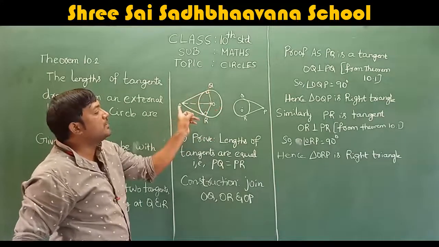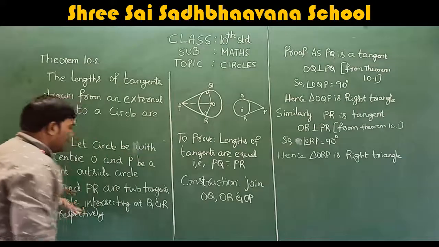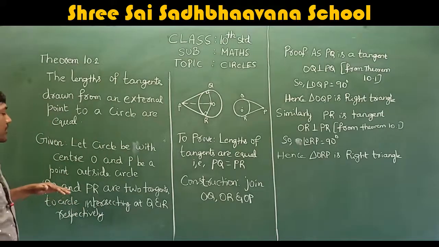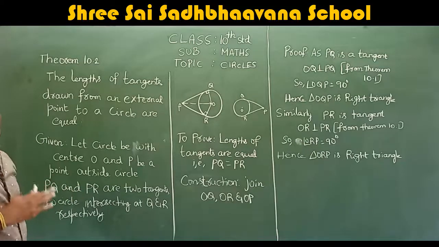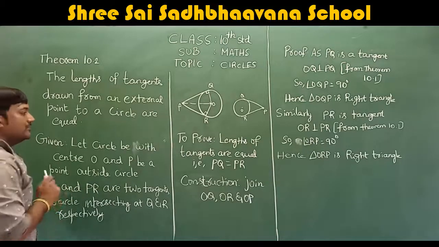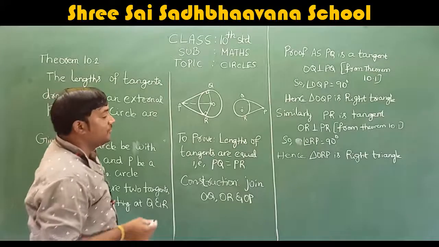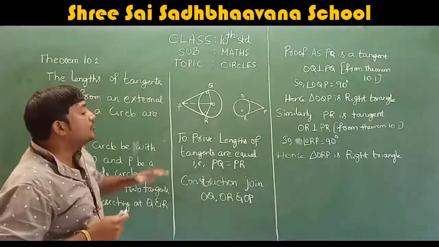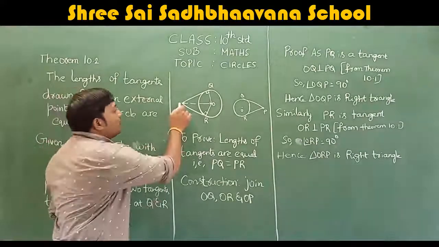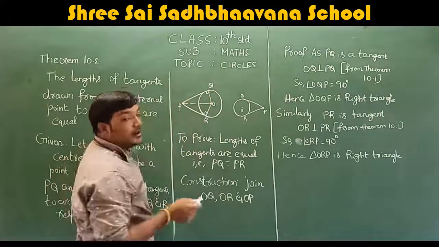So the tangents are PQ and PR, touching the circle at the two points Q and R. That is the given part. To prove: we have to prove that the length of PQ and the length of PR are equal.